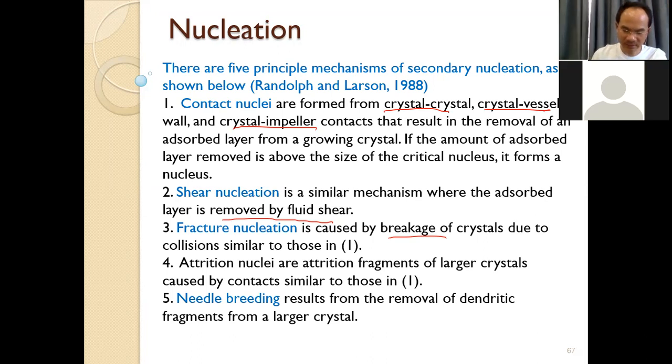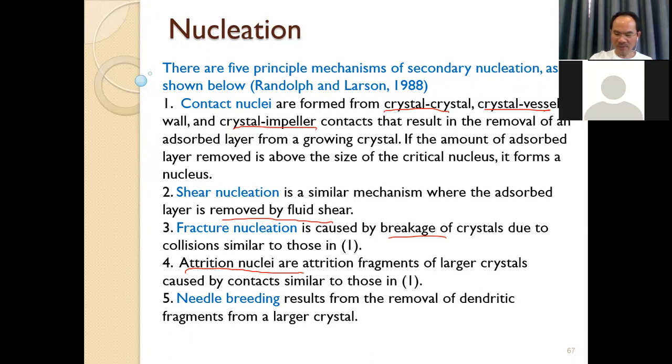And another technique is attrition nucleation or attrition nuclei. This is a crystal from the larger crystal. Aside from the larger crystal, it is fragmented or broken by the technique of attrition. That's right. Attrition or attrition fragment. That's right.